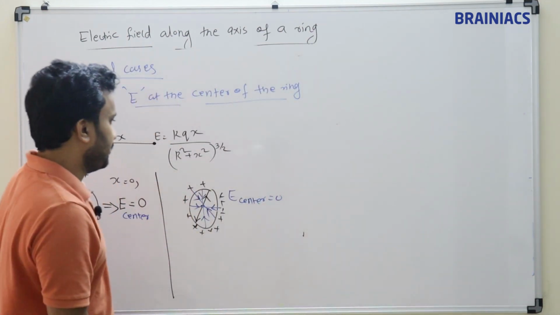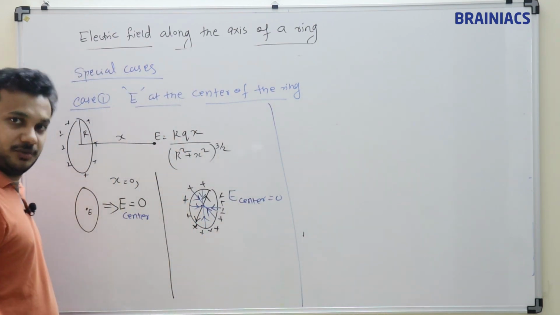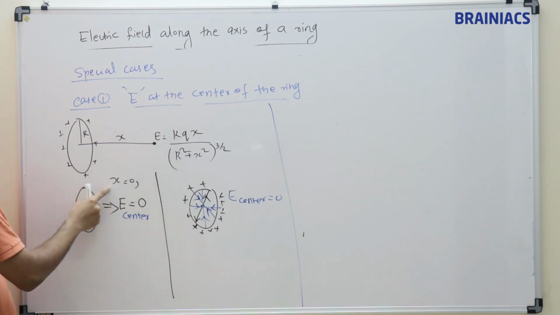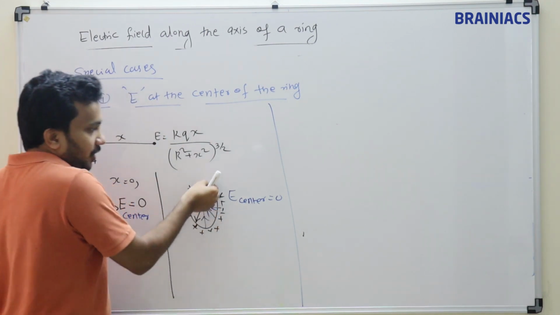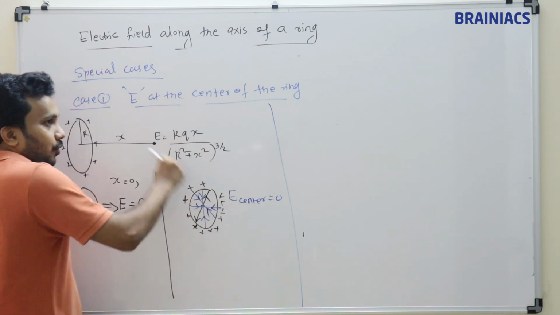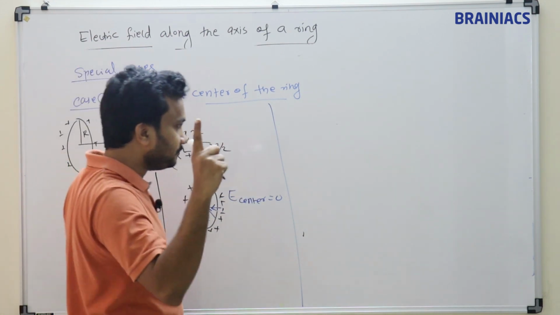Suppose somebody asks you to prove that the electric field at the center is equal to 0. You have three options. One option, I told, is based on the equations. The second option: all positive charges create an electric field away from the charges, so all are opposite and cancel each other, so electric field at the center is 0.